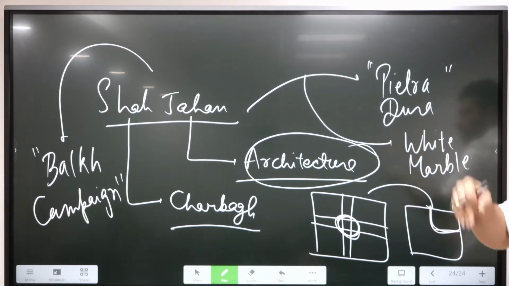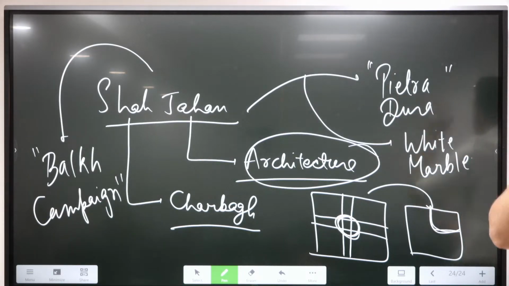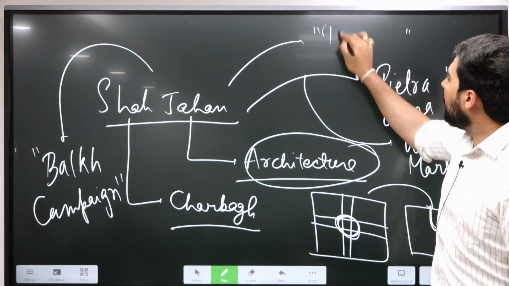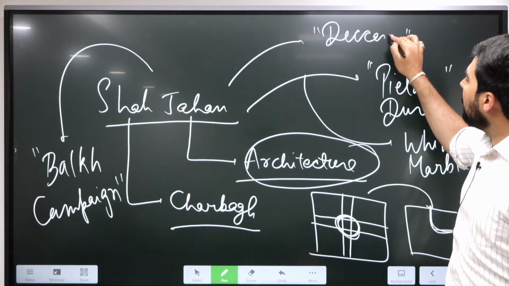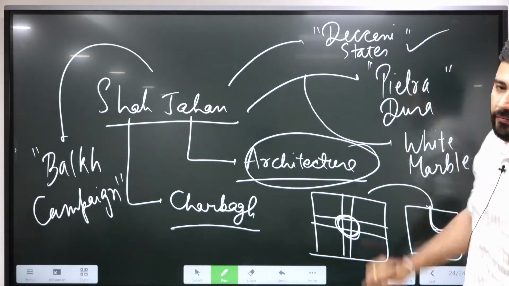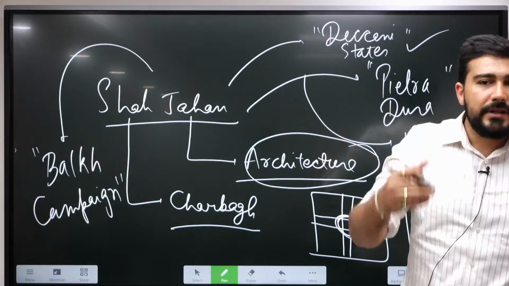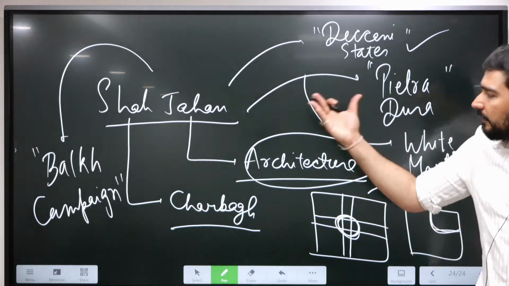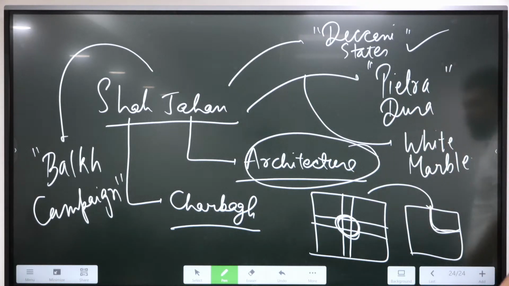And that's why eventually the westward expansion didn't materialize under Shah Jahan. So Shah Jahan then again focused on the Deccan states. The Deccan states, which had begun with the dissolution of the Bahmani Empire, had continued. So he was the one who tried to annex them.